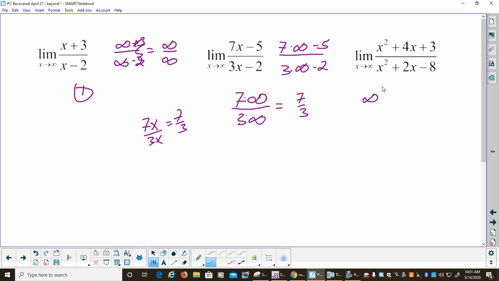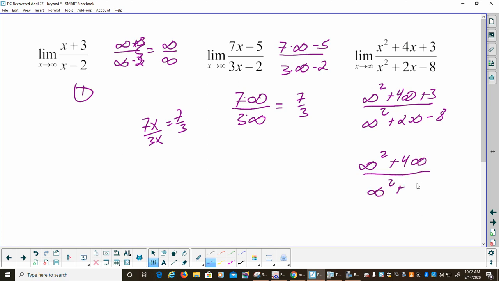So I've got infinity squared plus 4 times infinity plus 3 over infinity squared plus 2 times infinity, gosh, I'm looking at the upper equation, not the bottom one, minus 8. Well, you guys should be comfortable from this one back here that the 3 and the minus 8 just go away. So you're left with infinity squared plus 4 times infinity over infinity squared plus 2 times infinity.